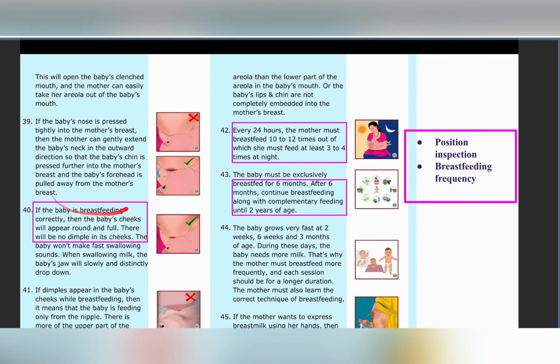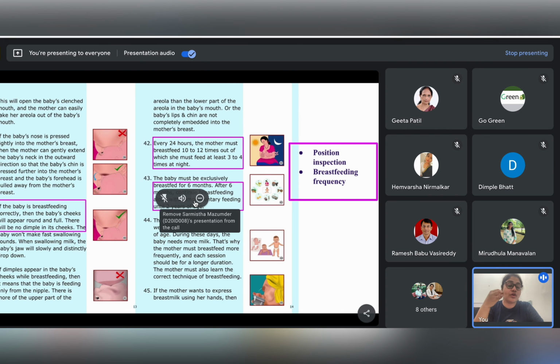Next, as we know, the baby's nose is towards the mother's nipple, so all these positional specifications are to be taken into consideration. Also, we have discussed before when a baby will develop dimples. If there is more nipple feeding and not proper latching, and there is more suctioning, the baby is suctioning in air, so obviously there will be formation of dimples.